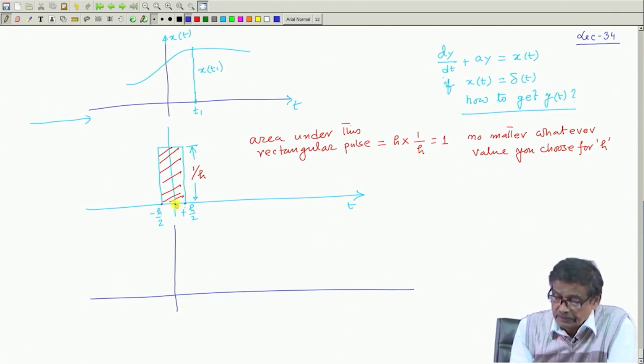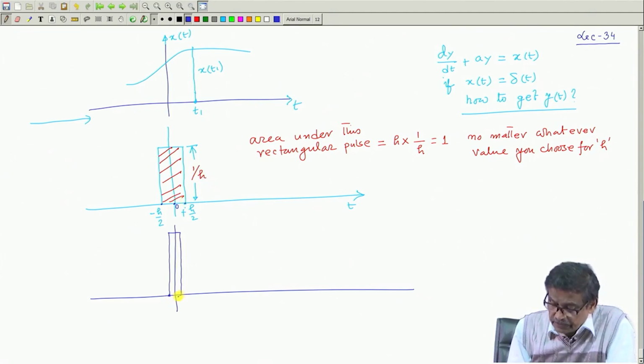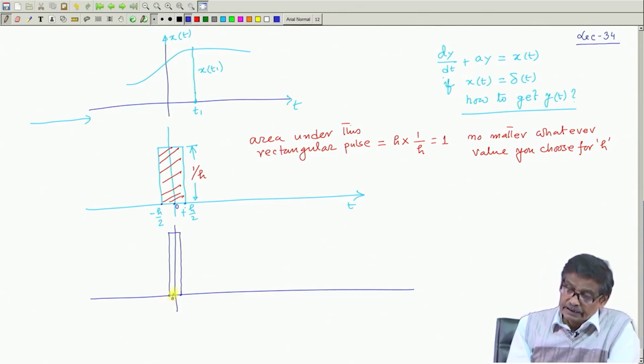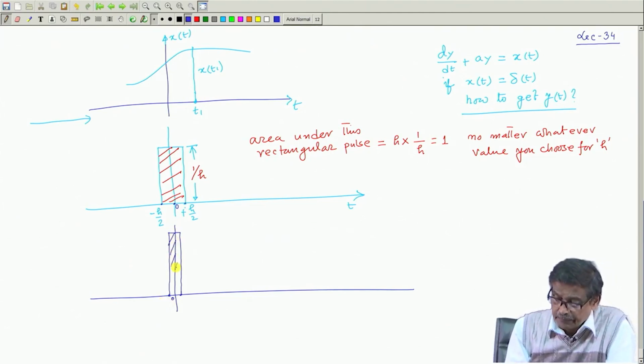If you make h smaller and smaller, the height of the rectangle, which is 1 by h, will go up, and these base points will come closer to the time t equal to 0. But the area will remain the same, 1 unity, because I am still keeping the height to be 1 by h.